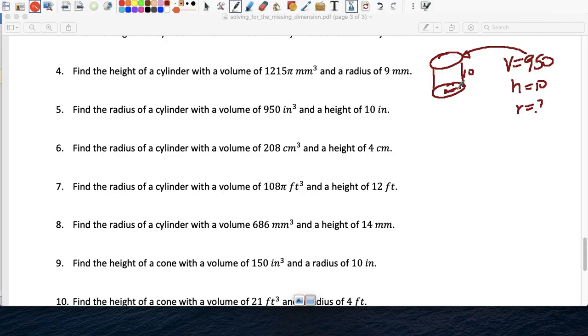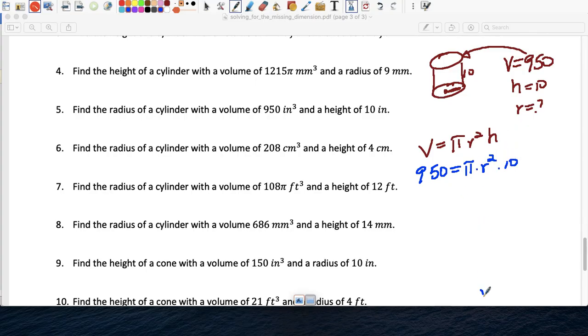So the radius is missing on this circle. So volume equals pi r squared h. Let's replace what we know. We know the V is 950. Pi, radius I don't know, so r squared is what I'm going to solve for now, and h is 10, so times 10.